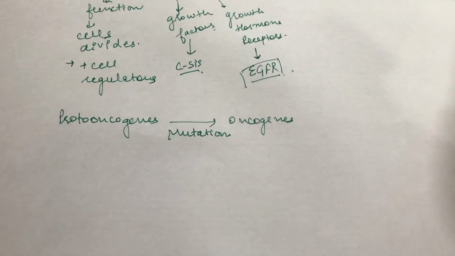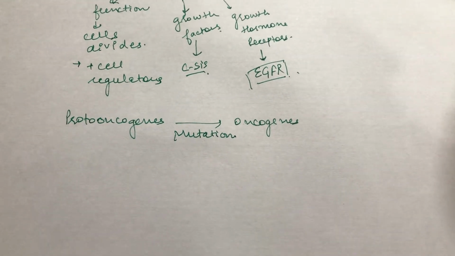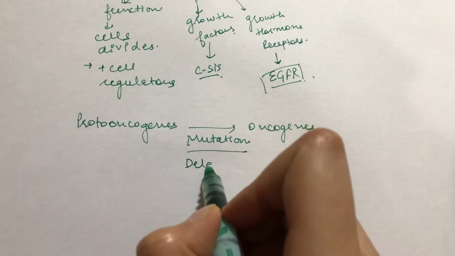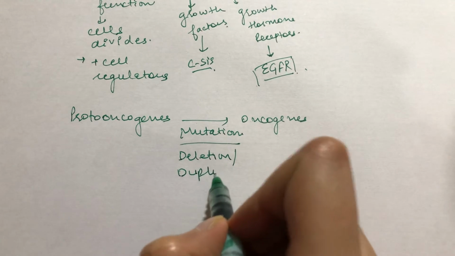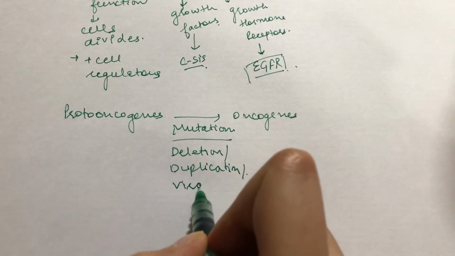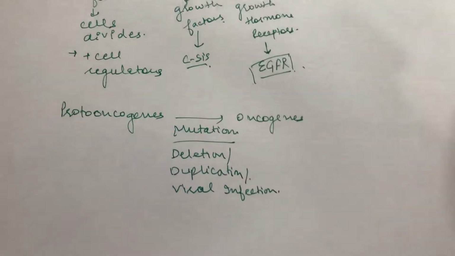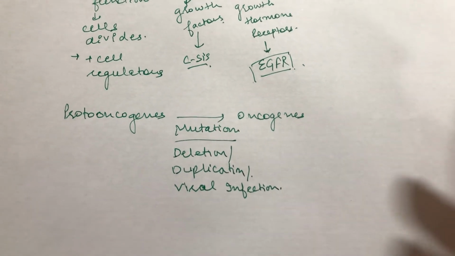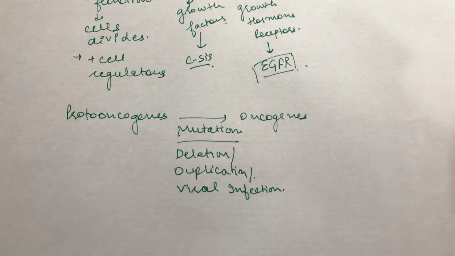The mutation is of various kinds, like deletion, duplication, any kind of viral infection which causes mutation. So protooncogenes are converted into oncogenes by mutation, and this mutation is caused by deletion, duplication, and any kind of viral infection.